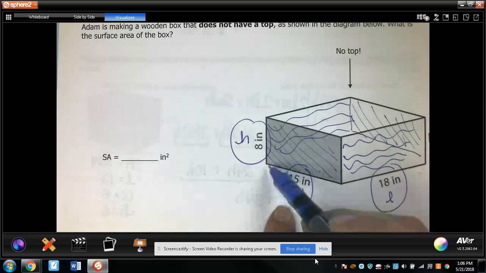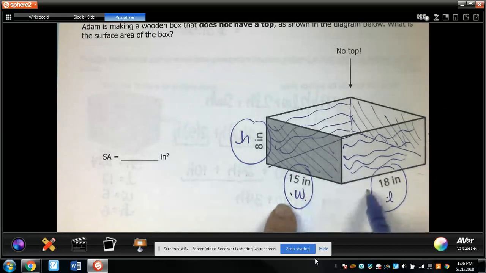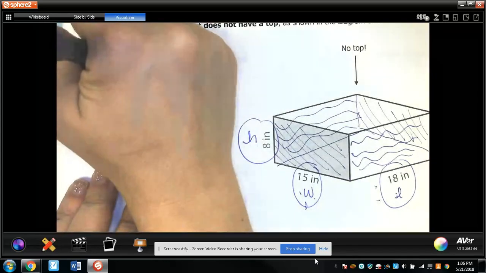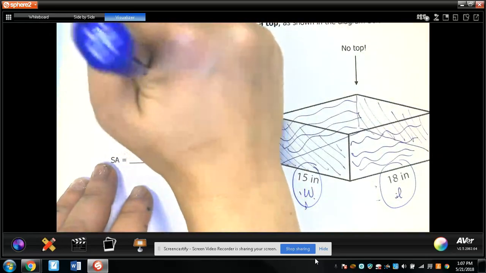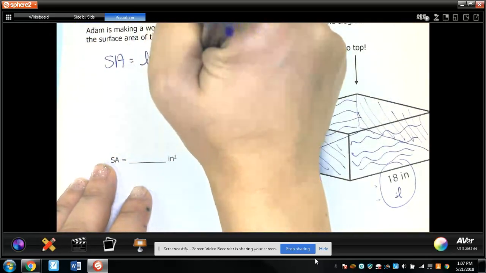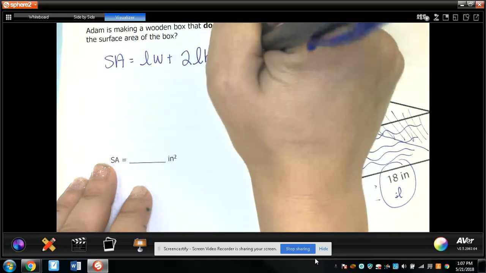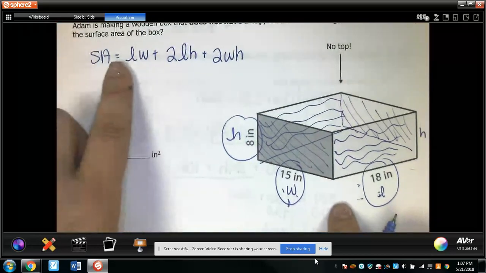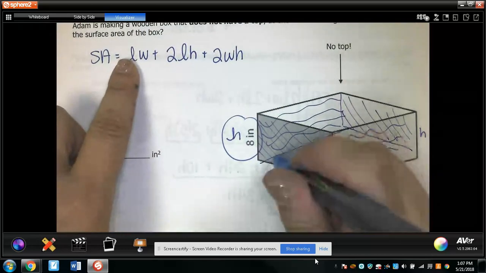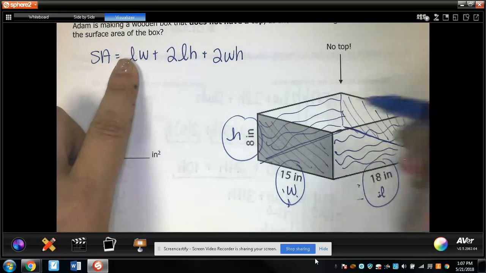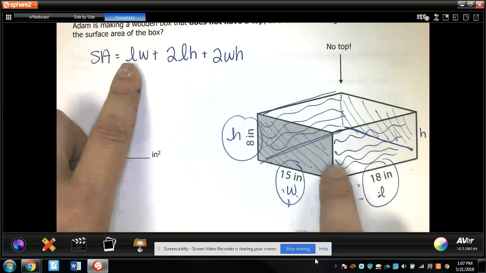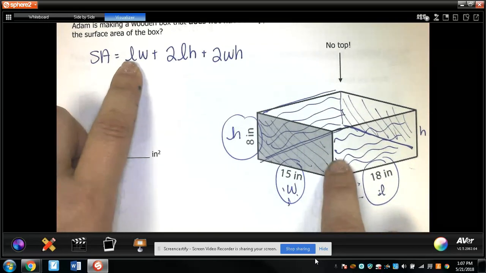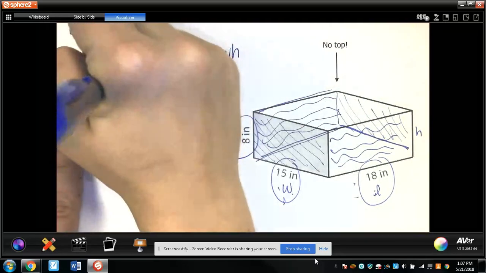The bottom is length times width, and since there's no top, there's only going to be 1 length times width. So surface area equals only 1 length times width plus 2 length times height plus 2 width times height. I know there's only 1 length times width because the length times width is the bottom, and there's no top. So we're not going to multiply that one by 2 because only one side has the area of length times width.